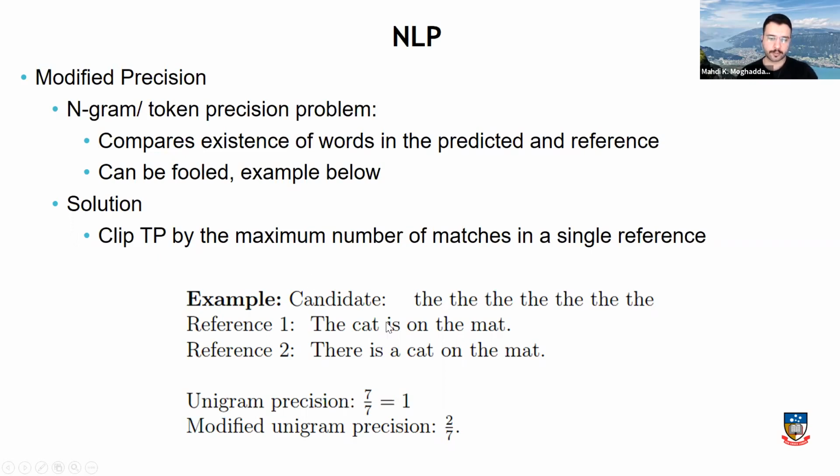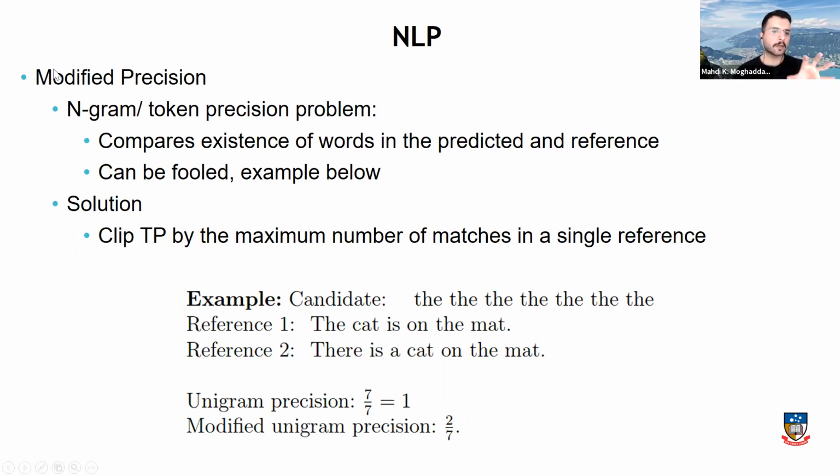How to do precision is basically compare reference 1 with the candidate and reference 2 with the candidate, and see how many of the words that you have predicted are considered true positive, in the sense that they exist in one of those references.